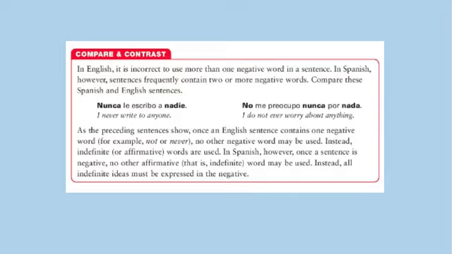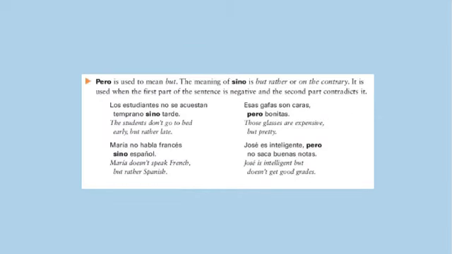No me preocupo nunca por nada. Like, I do not never worry about nothing, essentially is what you're saying. But in English we translate it as I don't ever worry about anything. So just remember, in English it's pretty nonsensical, our double negative rule. In Spanish, just forget about that. You're incredibly negative when you have to be. No me preocupo nunca por nada.